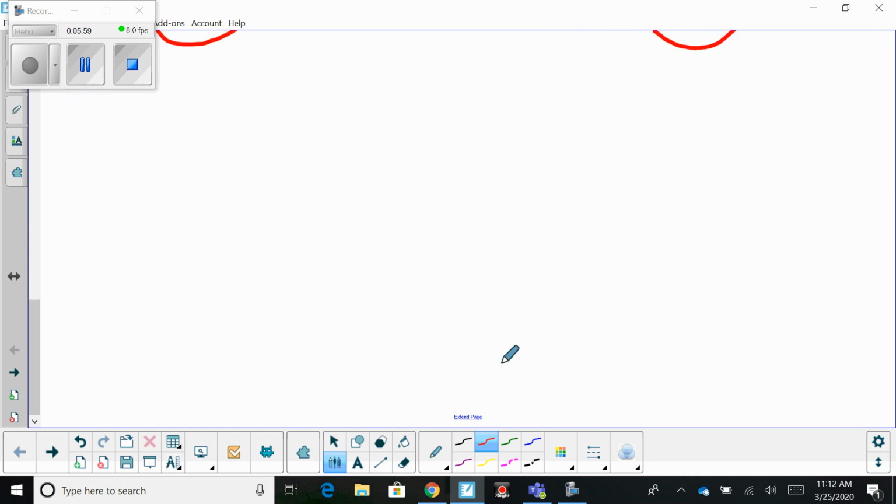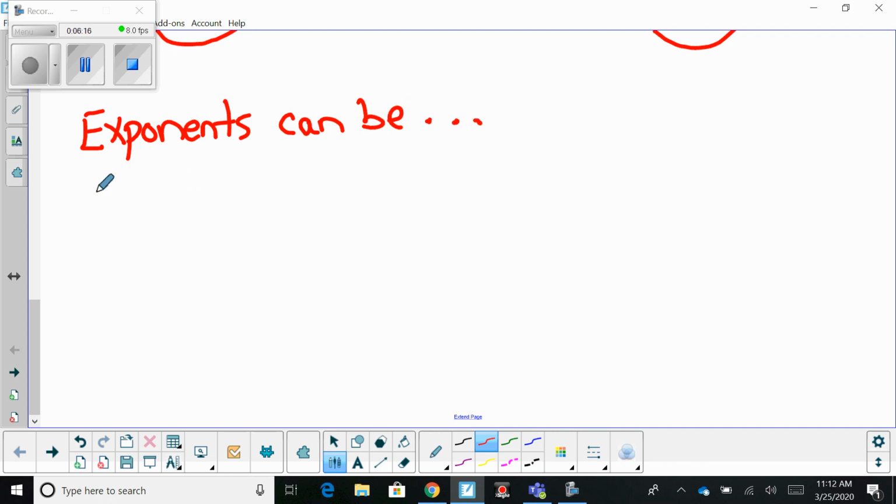One thing we need to remember is that we can have all different types of exponents, okay? They might be whole numbers.